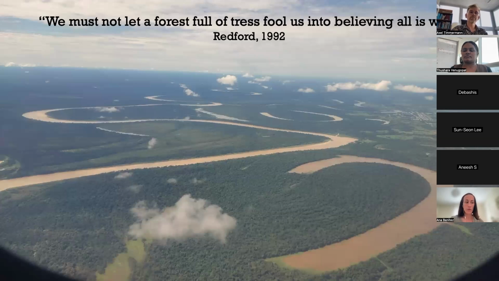In the work we're doing in the Brazilian Amazon, which is a more pristine area, although there are still signs of defaunation, we're also now looking at plant-animal interactions using arboreal camera trapping and ground camera trapping. And we are trying also to understand how the structure of this network changed, but also how the role of different animals changed or is lost, and where this can be taken over by another species.